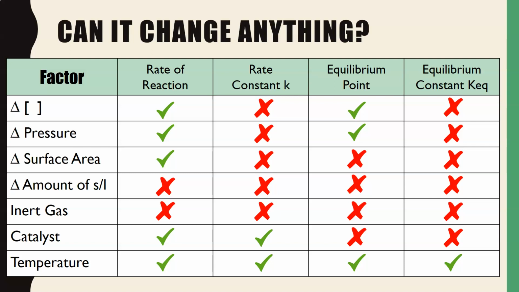I highly recommend that you spend some time making sure you understand which things get changed by which factors. The fact that there is some overlap here really gets people confused and you start answering questions incorrectly. So spend a little bit of time, make sure you're really solid on this chart.